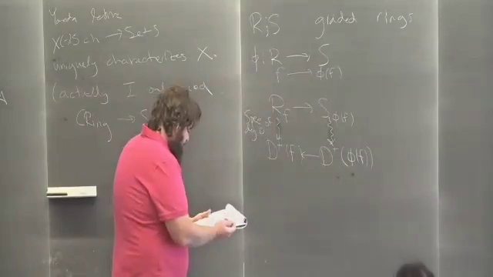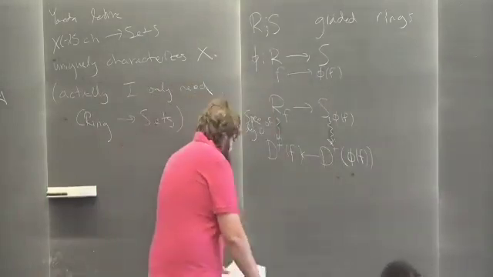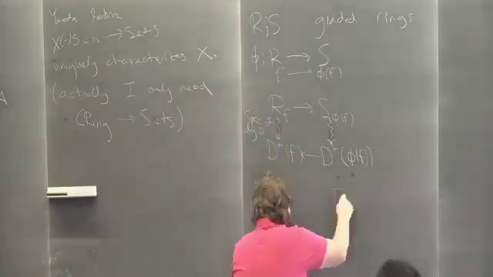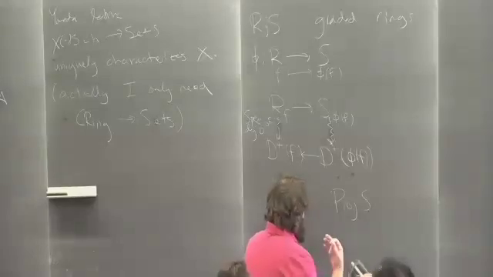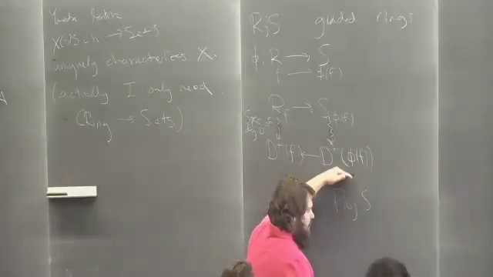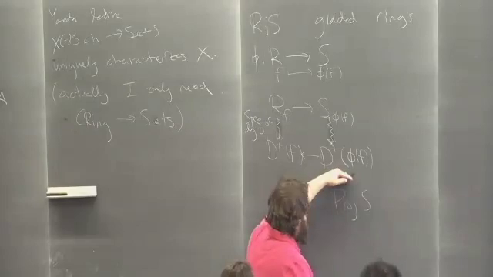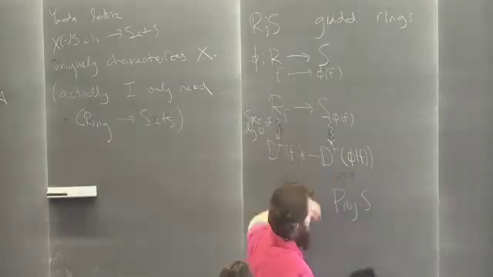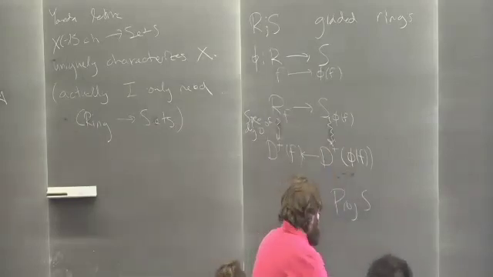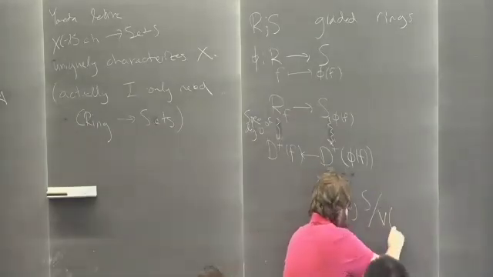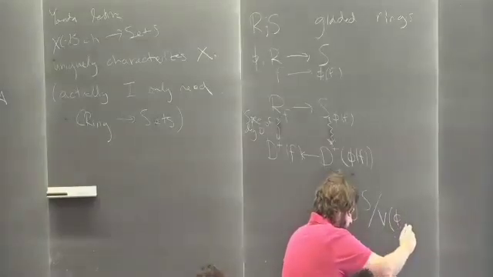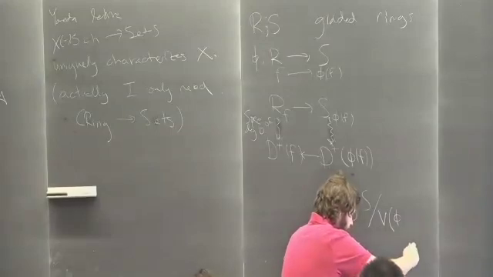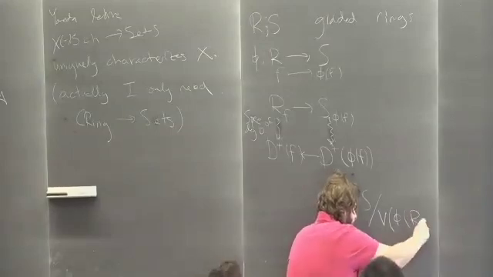The fancy way to say this is that I take Proj of S, and what is the stuff which is never in one of these sets? It's all the ideals which contain the image of the irrelevant ideal in R. So the thing I have to pull out is the vanishing set of the image of the irrelevant ideal.